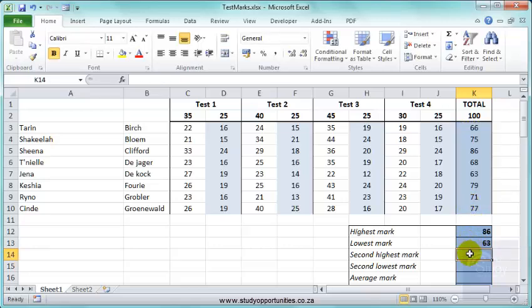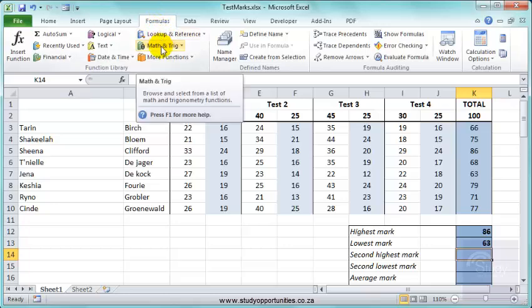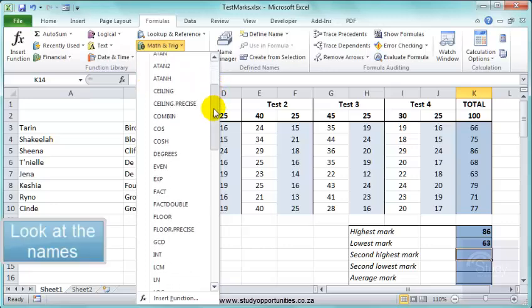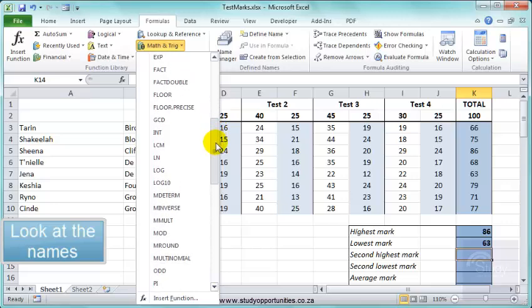The second highest is not max. For the second highest, I need to go to formulas, and I'm going to go to, I think it's maths. I wonder which one it is. It is probably going to be, not here. I know what it is.